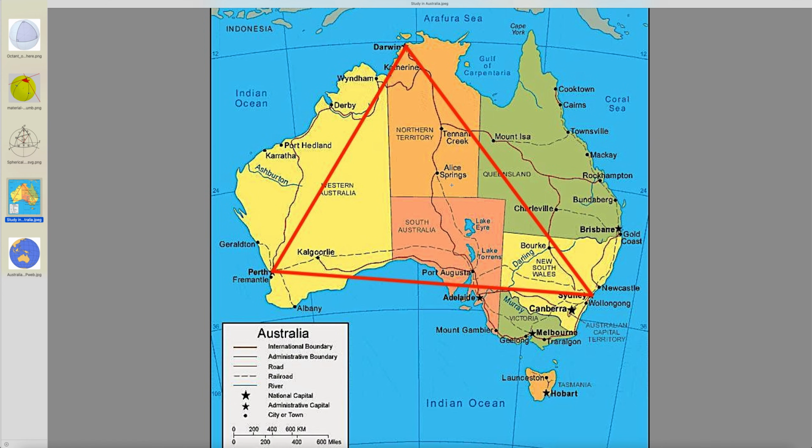There'd be no way to do that. There's no way for me to be able to make a triangle and have the area inside it match reality, unless reality is that Australia is flat. Because all the land masses are flat because the Earth is flat. There's no way for that to happen.